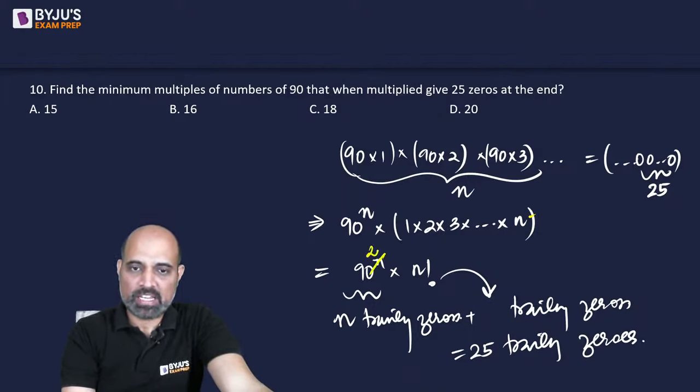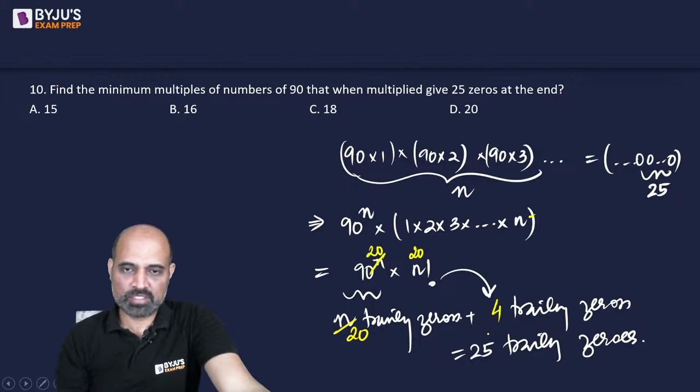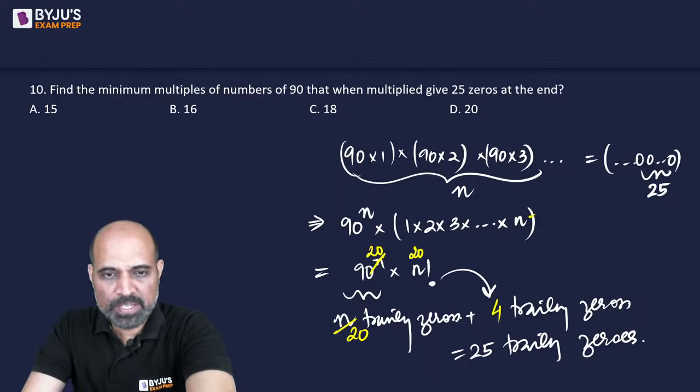So if we take n equal to 20 and 20 factorial, we will have 20 trailing zeros here, and 20 factorial will have 4 trailing zeros, isn't it? तो ये भी नहीं देगा.